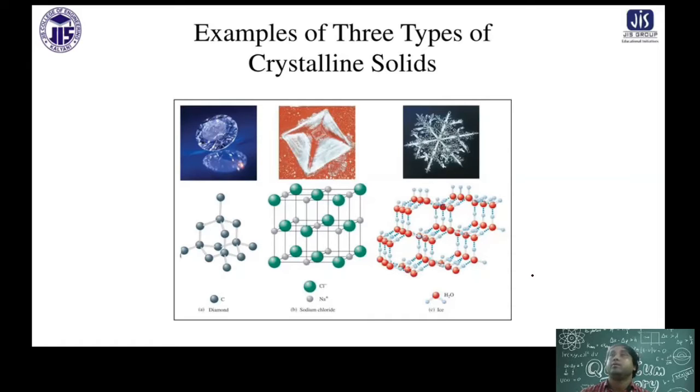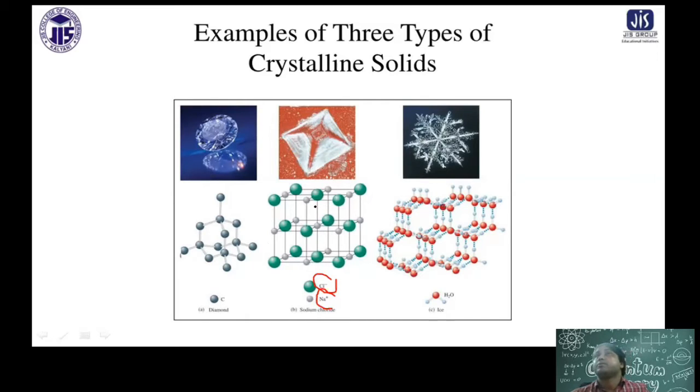But if you look at the other two, sodium chloride is an ionic structure. You see how it is made: Na plus and Cl minus. Cl minus is these green balls, and Na plus is these dark, gray colored balls.